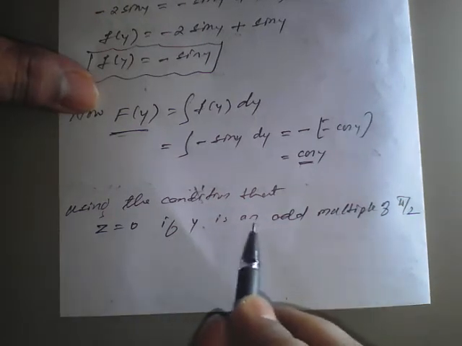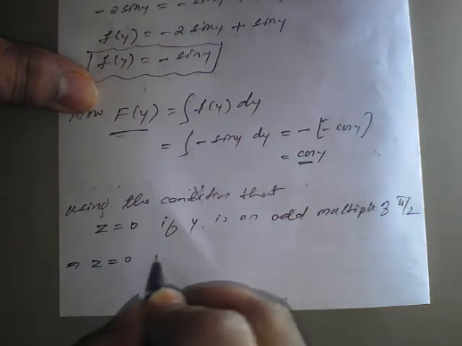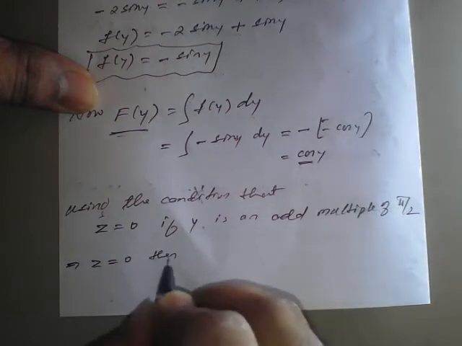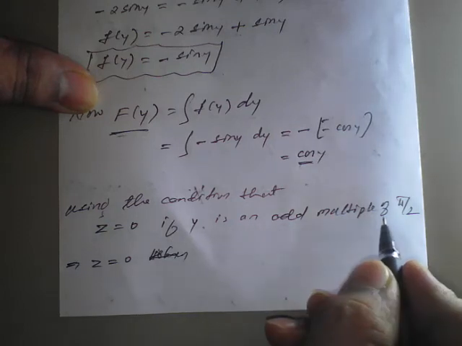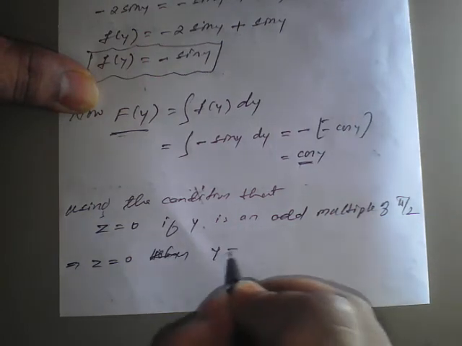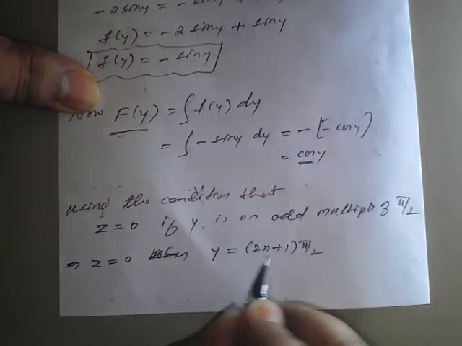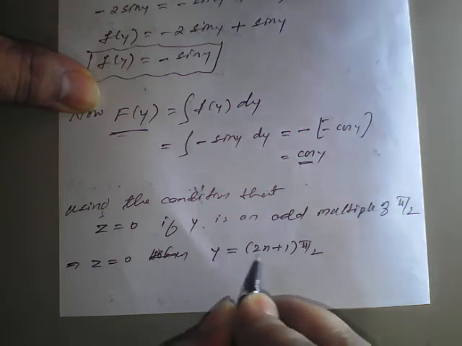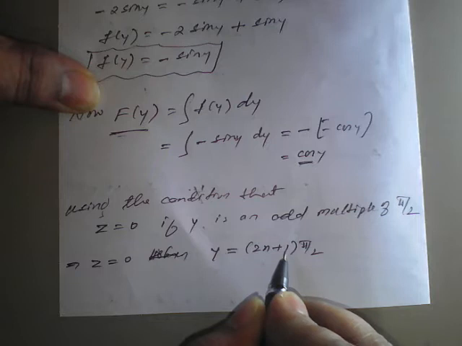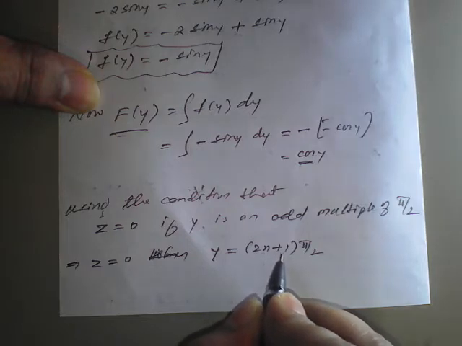This can be written as: when z is 0, y is an odd multiple of pi by 2, so the value of y is equal to 2n plus 1 of pi by 2. If you put any value of n, this will become an odd number only. If you put n is 0, 2 into 0 is 0, 0 plus 1 is 1, and 1 is nothing but an odd number. If you put n is equal to 1, 2 into 1 is 2, 2 plus 1 is 3, and 3 is again odd.